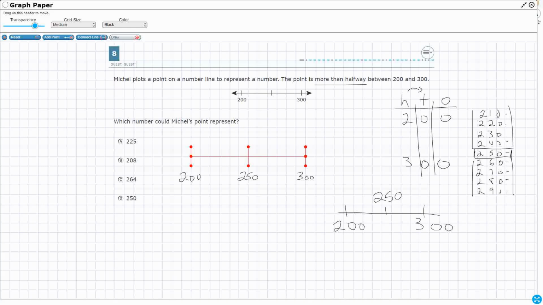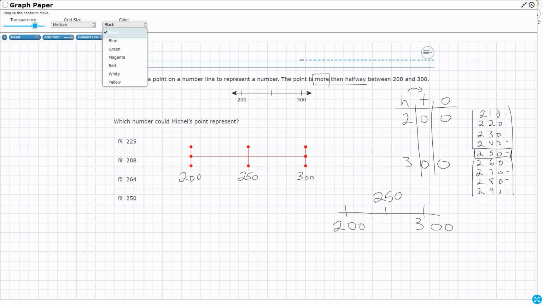Now, 250 is an answer, but take a look at what it actually says. The point is more than halfway. So we had to do a little bit of work to put that 250 there. But would you say that 250 is more than halfway between 200 and 300? That 250 looks like it's exactly halfway.